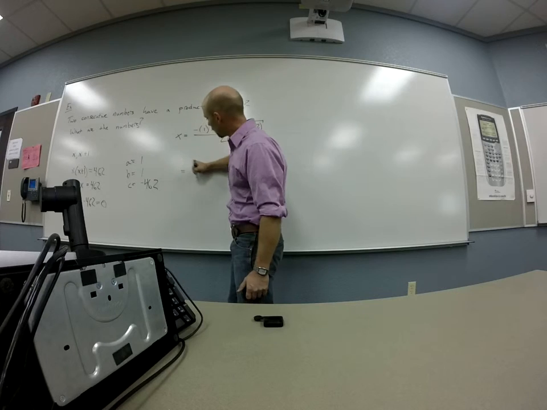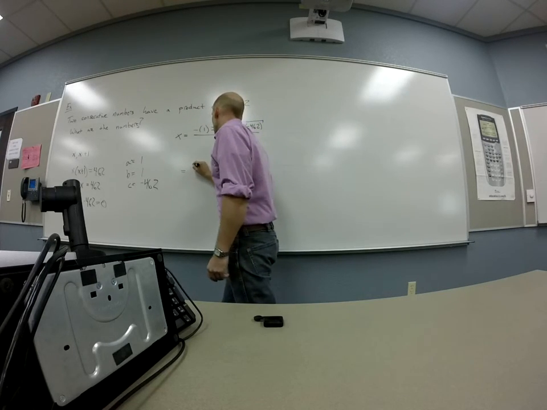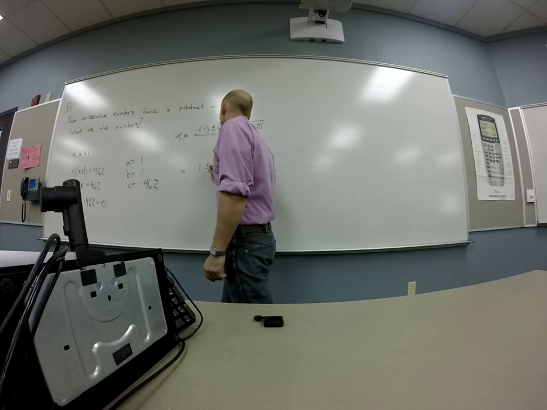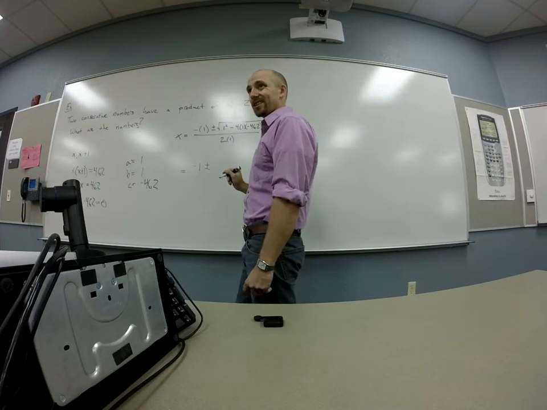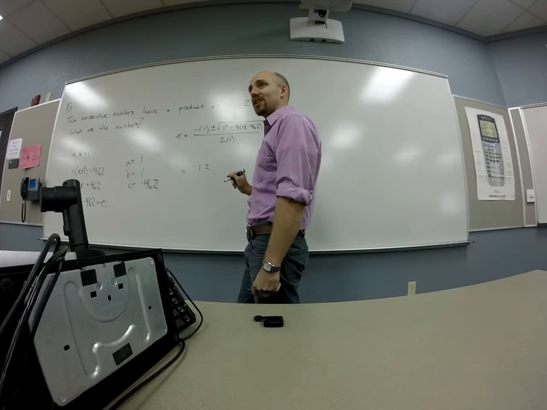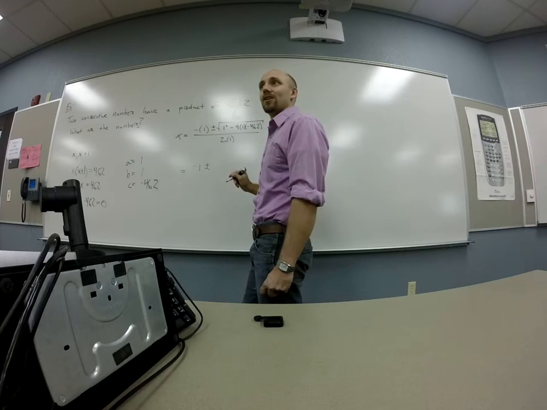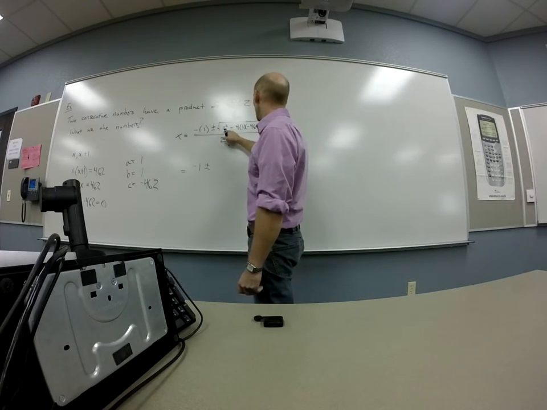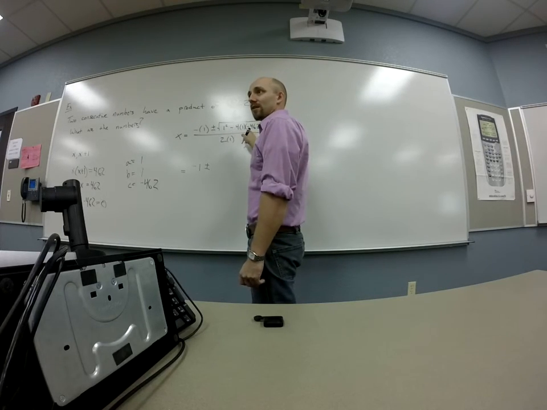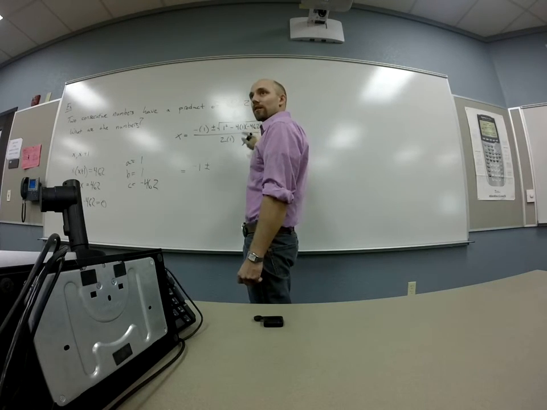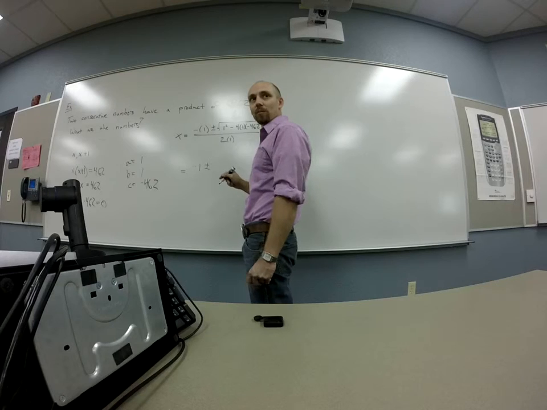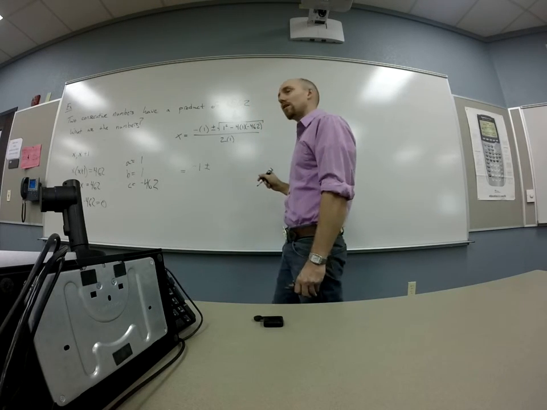Some of this I can simplify easily. So this is negative 1 plus or minus, ooh, scariness. There's 1 plus 4 times 462. Where do you get that? 1,848.